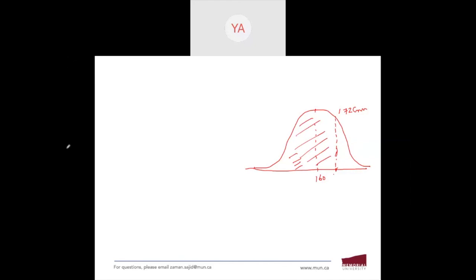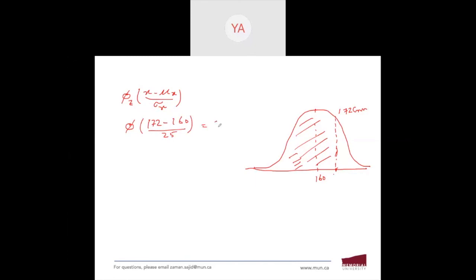So by that, we just need to think how many standard deviations above the mean Paul's height is. And this is the formula that we are using here: x minus mu of x over sigma of x. So I know that x is 172, minus the mean, which is 160, over the standard deviation value, 25.